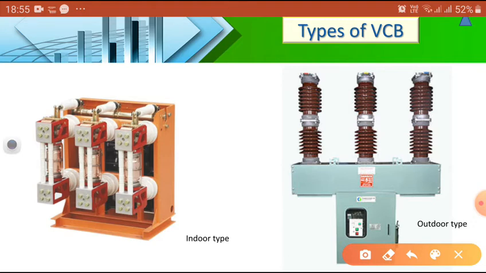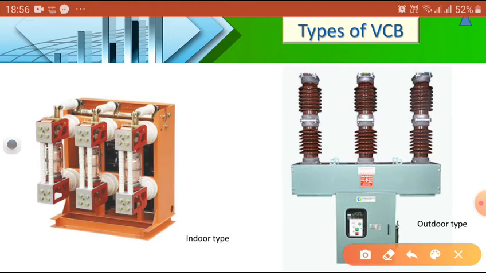The vacuum circuit breaker interrupts the current at the first current zero in the AC cycle. As we know, our frequency is 50 Hz, so it has 50 positive cycles and 50 negative cycles. Whenever a short circuit comes and the current reaches the zero crossing, it automatically nullifies and quenches.